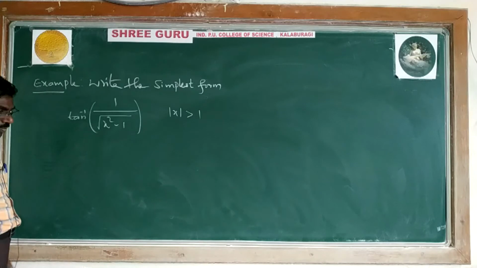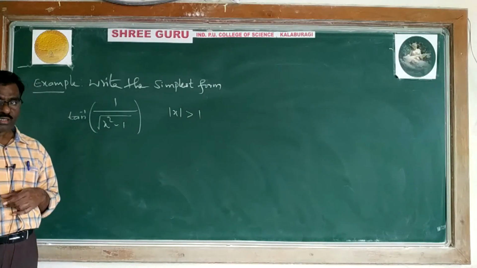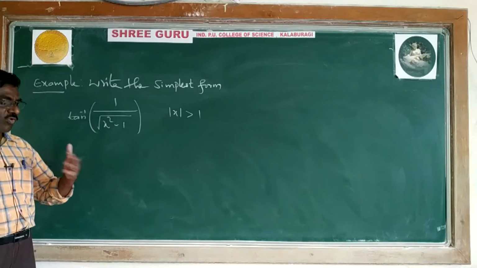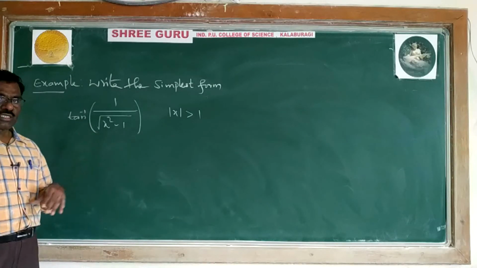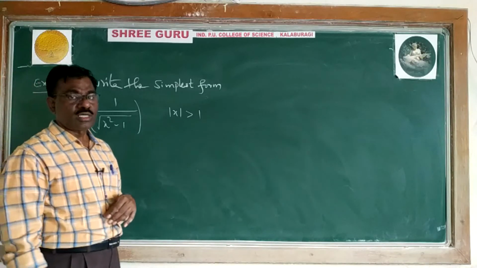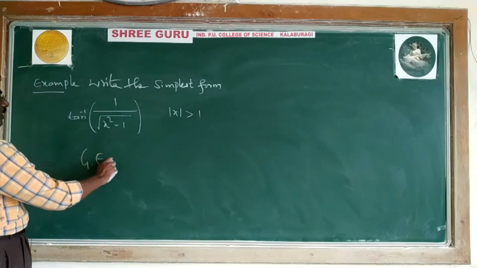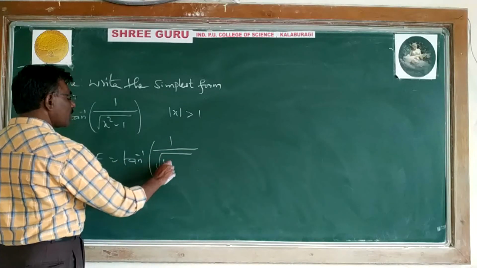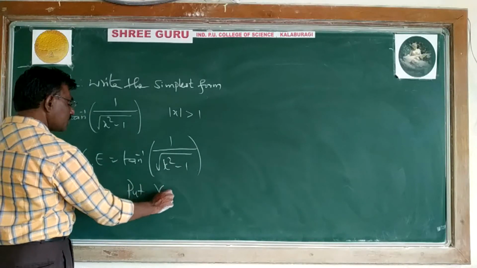In the previous one, for root 1 plus x square I told you tan theta. For root x square minus 1 problems, take secant theta, and the formula is secant square theta minus 1 equals tan square theta. Given the expression tan inverse of 1 by root x square minus 1, put x equal to secant theta.